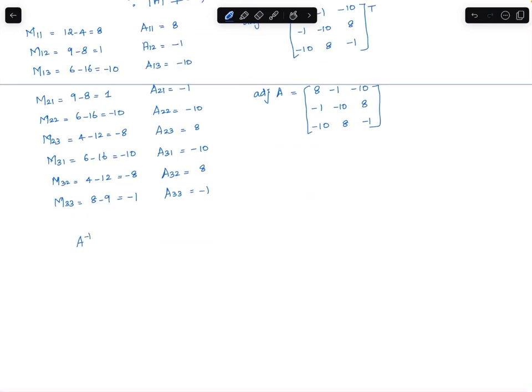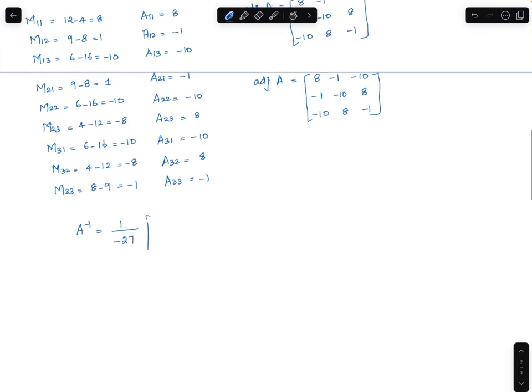A inverse is equal to 1 by determinant of A, which is minus 27, times 8, minus 1, minus 10, minus 1, minus 10, 8, minus 10, 8 and minus 1.